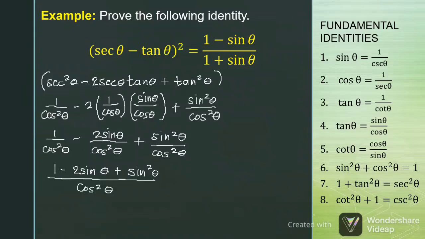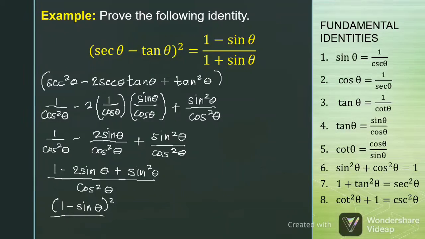What are we going to do to the numerator? So we have to factor. This is a perfect square trinomial, and the factor of this is 1 minus sine theta quantity squared, all over cosine squared theta.